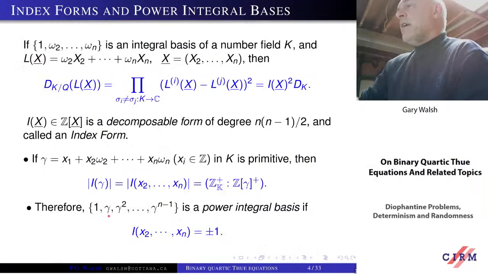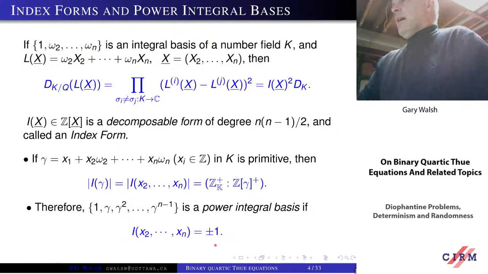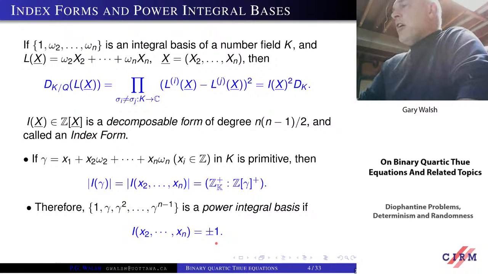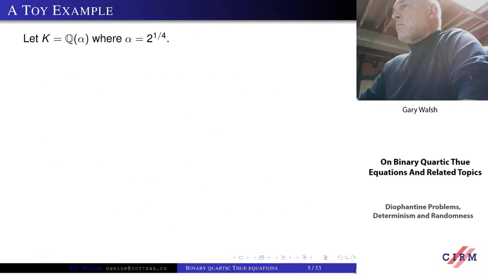So 1, gamma, gamma squared up to gamma to the n minus 1 is a power integral basis precisely when that index is equal to plus or minus 1. And the problem for a given number field is to find values x2 up to x sub n which solve this equation. And in general, this is obviously going to be a very difficult problem.